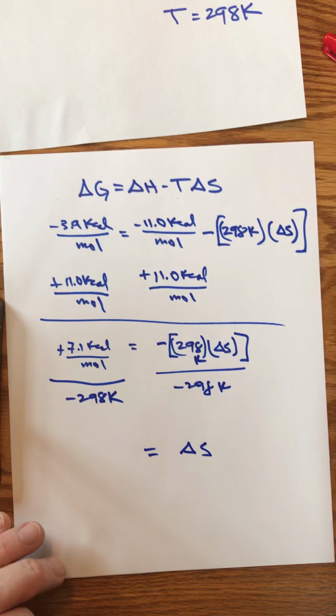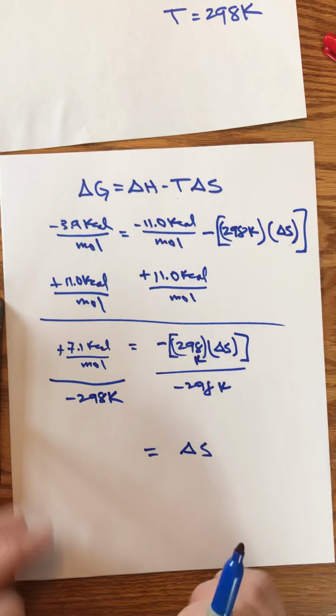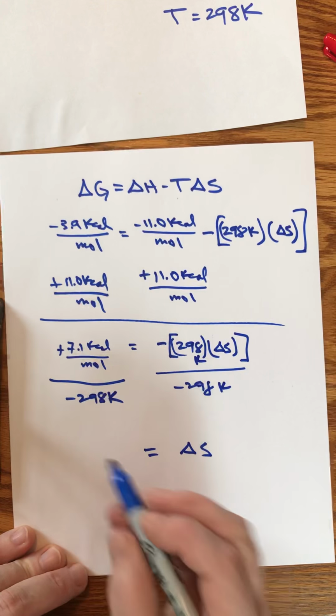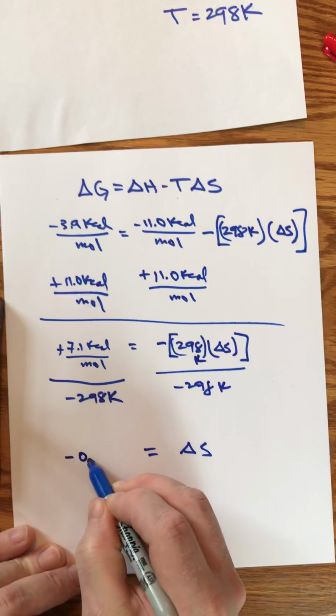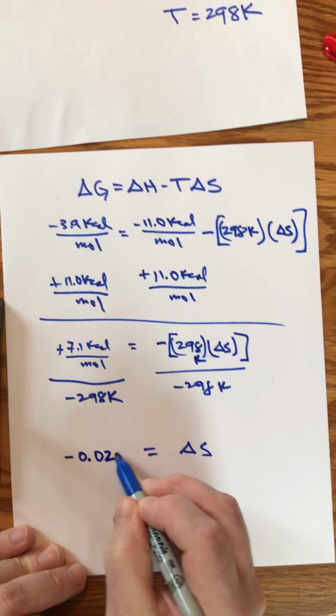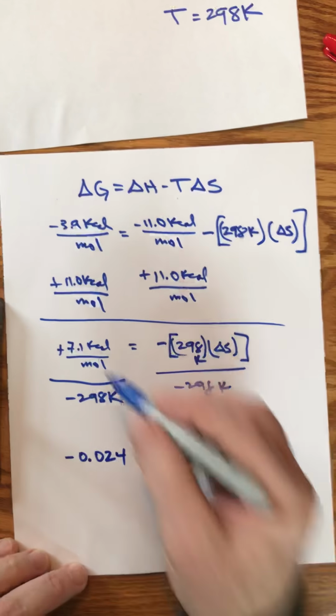So watch my sig figs here. If I've got 7.1 divided by 298, and that's a negative number, I end up with 2 sig figs of a negative 0.024. Now what about my units? How does this work out?